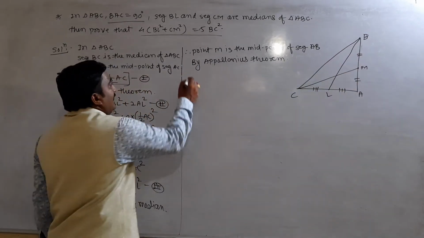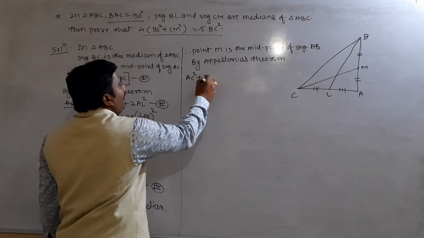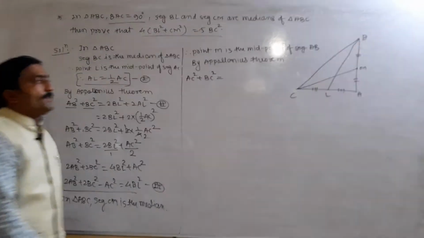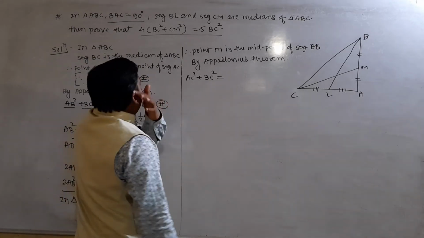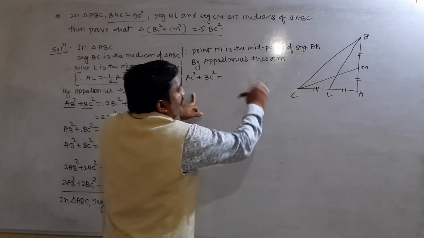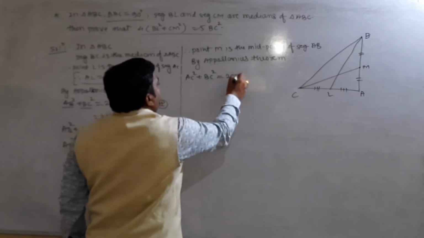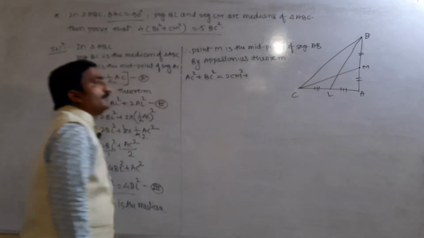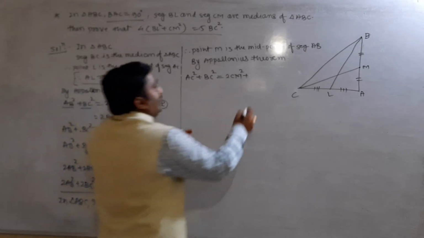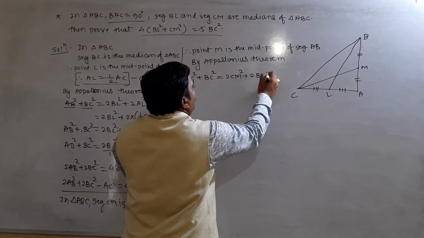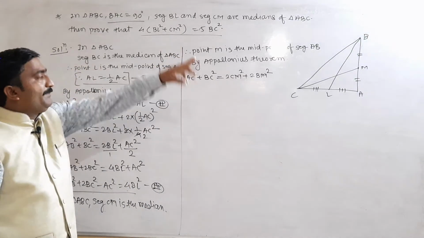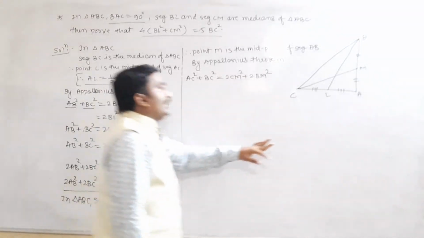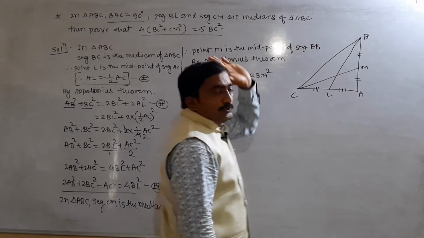So we can write here, by Apollonius theorem, AC square plus BC square is equal to 2CM square plus 2BM square.